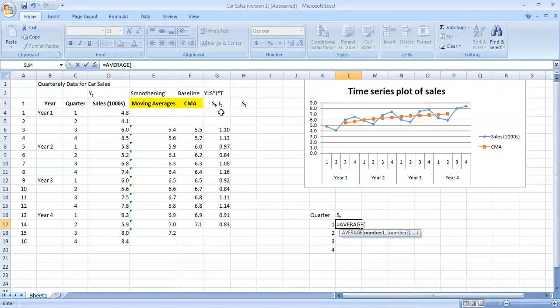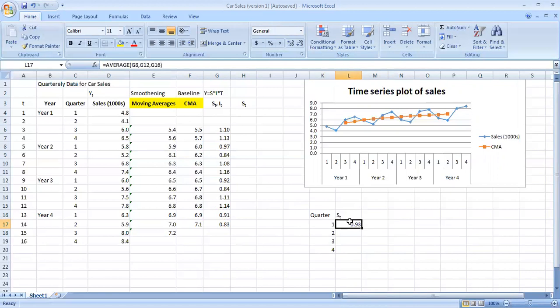Here we don't see any values corresponding to year 1's quarter 1, but for year 2 there is a value, for year 3 quarter 1 this is the value, and for year 4 quarter 1 this is the value. So this is the seasonality factor for quarter 1.